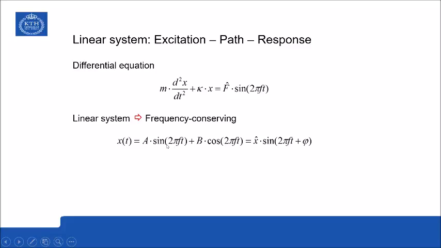We have two components, a sine and a cosine component, which have the same frequency as the excitation, with unknown constants A and B. If we combine these with trigonometric formulas, we can write it in this way, where x hat is the amplitude of the displacement, and the phase angle phi describes a phase shift with respect to the exciting force.